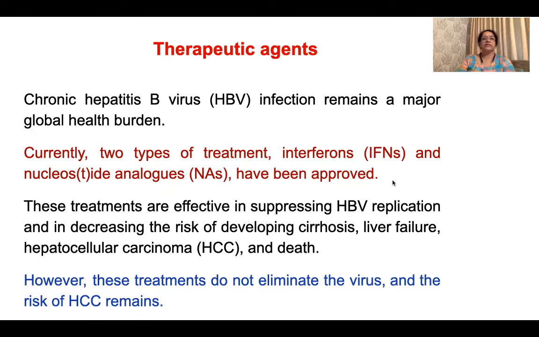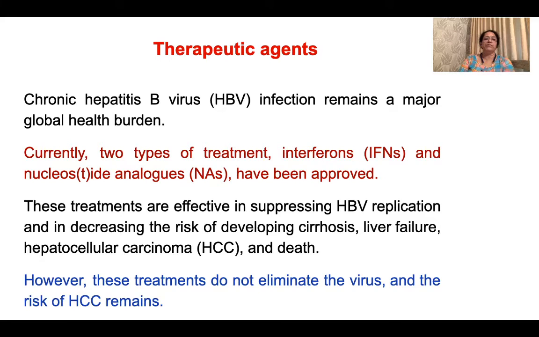Now the next category is therapeutic agents. Chronic hepatitis B virus infection remains a major global health burden, and currently two types of treatment have been approved. One is using interferons, IFNs, and the second is NAs, that is nucleotide or nucleoside analogs.